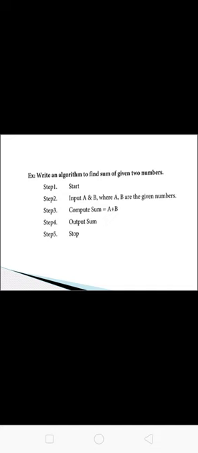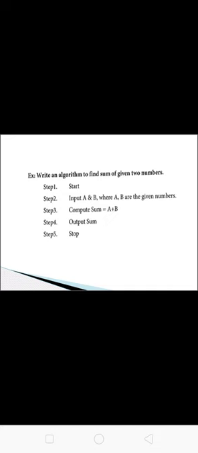First and last steps are the same for all programs. First step is start, last step is stop. In between these two steps, there are input variables, computing process, and displaying the result. For example, we can write an algorithm for simple interest.